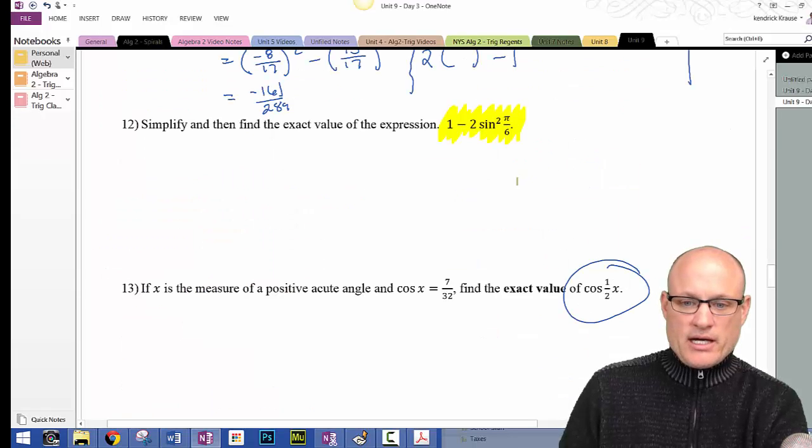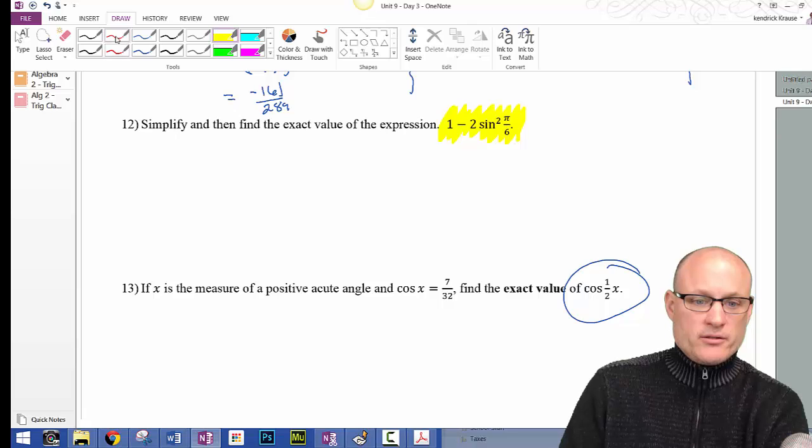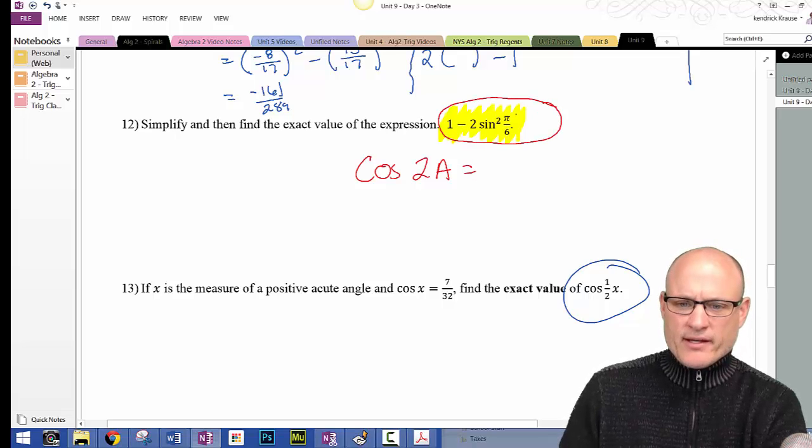So I know that this formula is really just the cosine of 2A. That's the formula. Well, what's A? Well, A is whatever this angle is. So this is really the cosine of 2 times pi over 6.